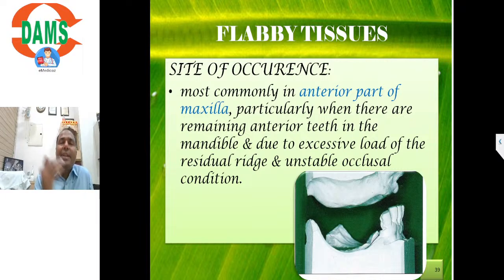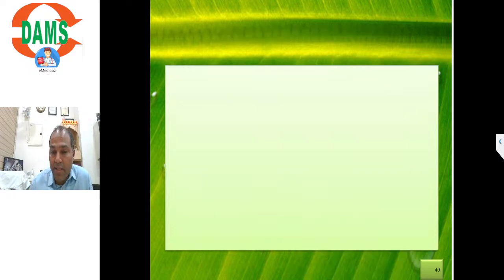So, with time, there is forward rotation of the mandible like this. Now, when this happens and you give a denture on the upper arch, it will hit on the incisors.